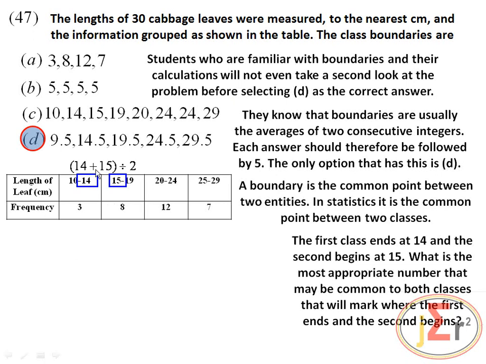What do we have here? We are highlighting 14 and 15. Then we have 14 plus 15 divided by 2, the average of the 2. We are determining the average of the upper limit of the first class and the lower limit of the second class.